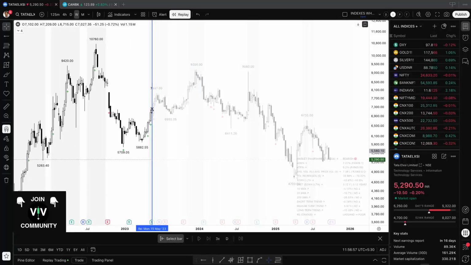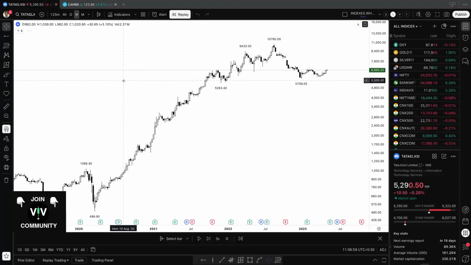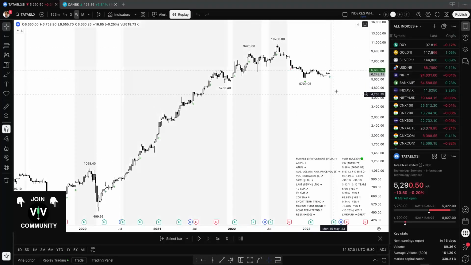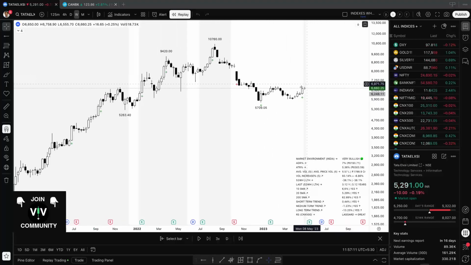Suppose, let's check the history here. Suppose this was the situation in Tata Elxsi. This background started to change on the weekly chart. It means the criterion of our trading is that the weekly should be positive. So what we can see here, there was an institutional footprint here also.